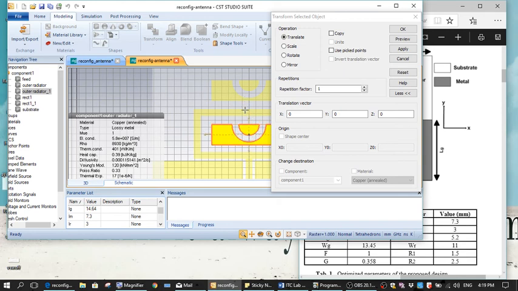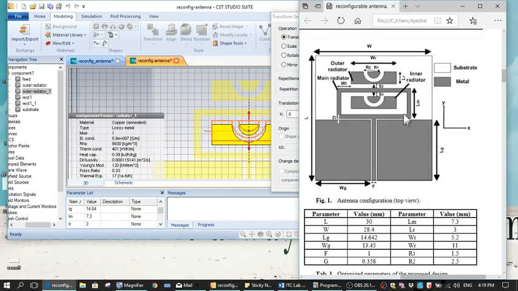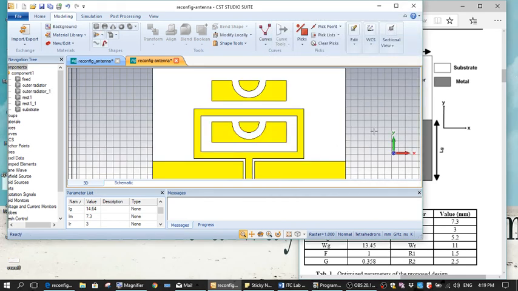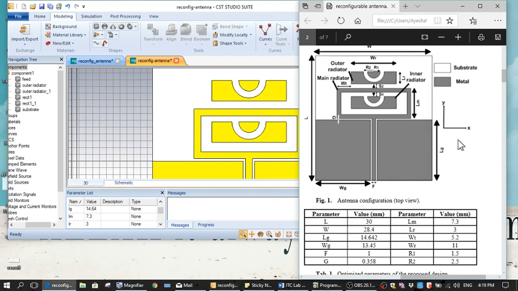This is 2 1/3 square, so this is 1 square. Okay, maybe this is fine. Let's apply it. Let's see if it's fine or not. Well, it seems fine. Yeah, I think it seems fine.